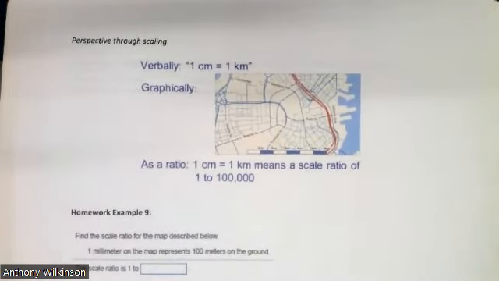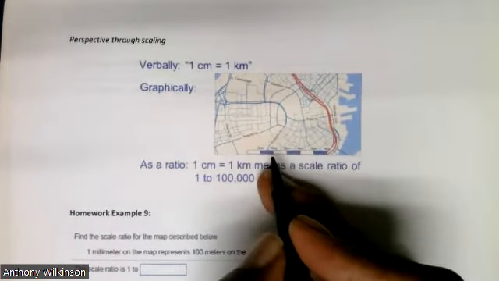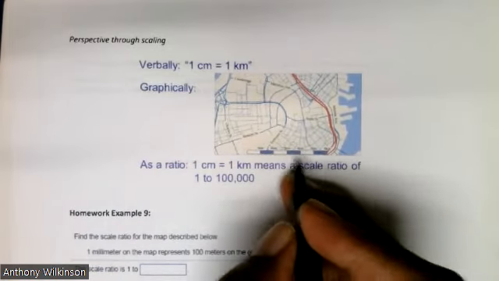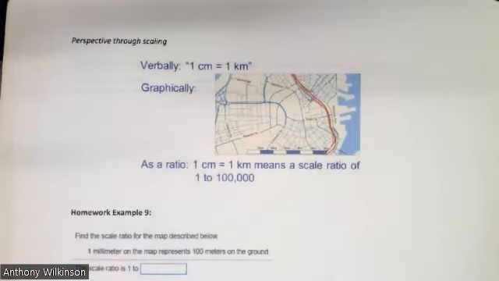Graphically, it will be this. Notice at the very bottom, you're going to see this bar that represents what 1 kilometer, 2 kilometers, 3 kilometers is, and so on. And as a ratio, we can say 1 centimeter is equal to 1 kilometer, and that means a scale ratio of 1 to 100,000.